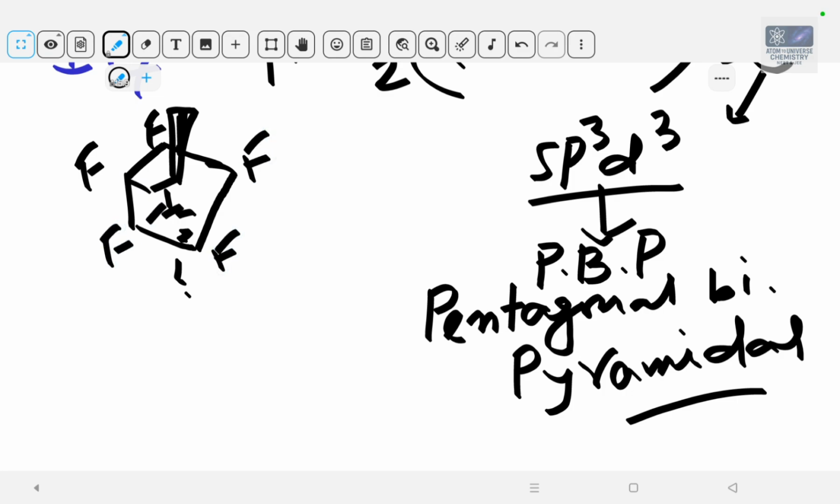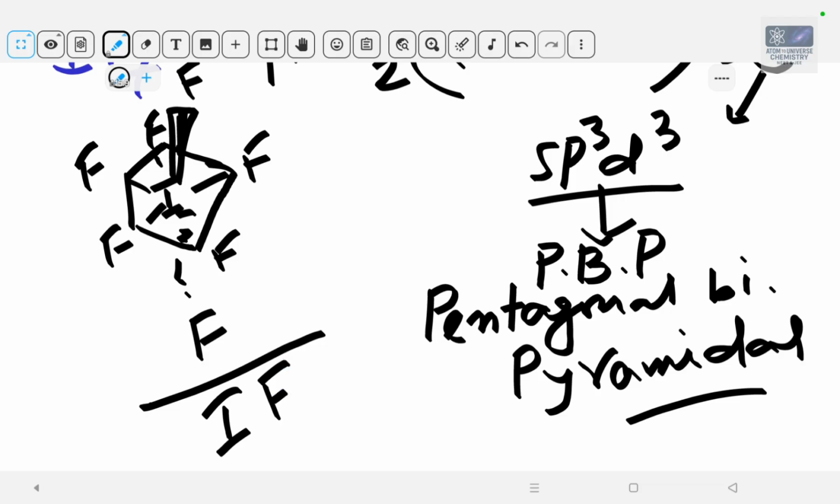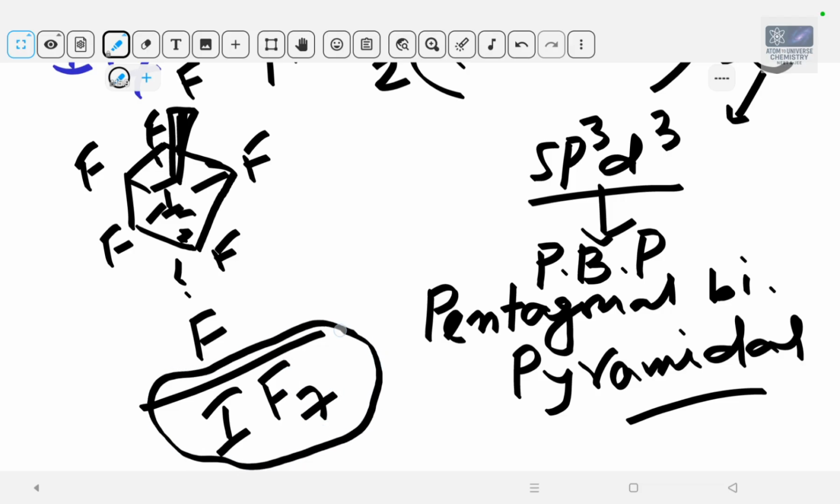These are planar, and below the plane 1 F and above the plane 1 F. So it is giving me IF7. It is essentially an interhalogen compound.